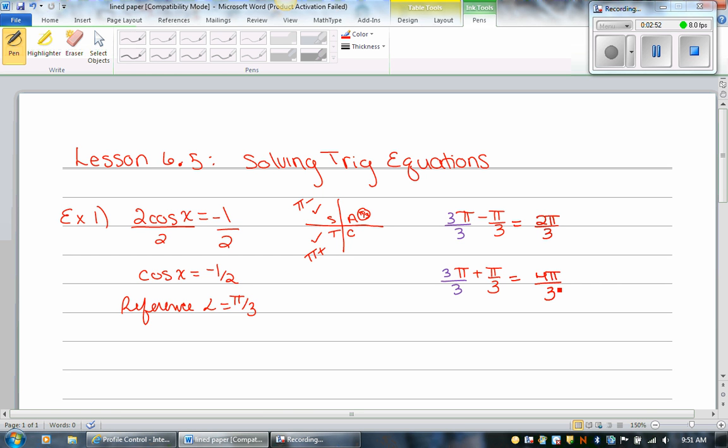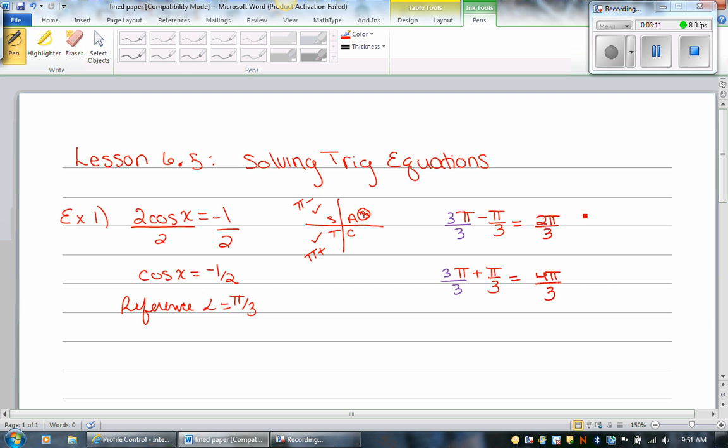However, we know that we don't stop after 2 pi radians. We can continue to rotate around. These solutions are my answers, but anything that's a multiple of 360 will also be a solution.